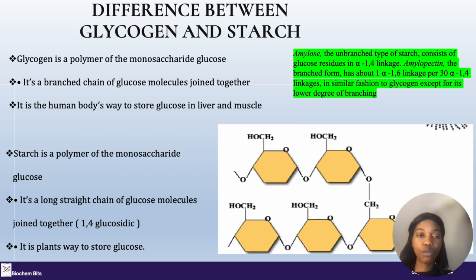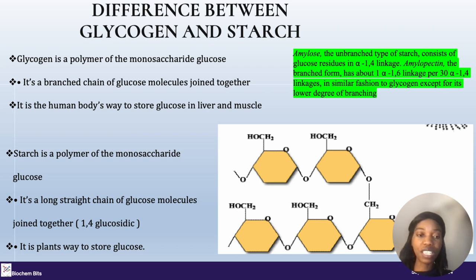Now let's look into the difference between glycogen and starch. Glycogen and starch are both glucose polymers, but glycogen is more branched and is found in animals, while starch is less branched. I think starch is about for every 30 units, I'm not quite sure now.